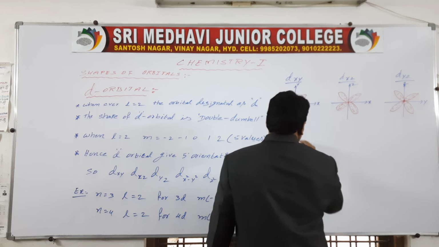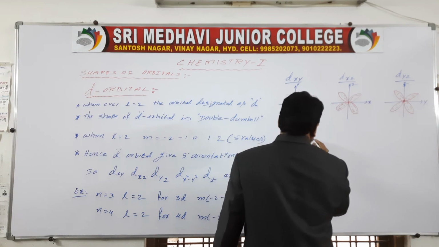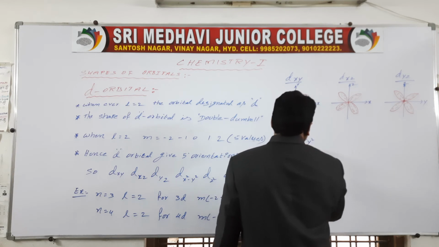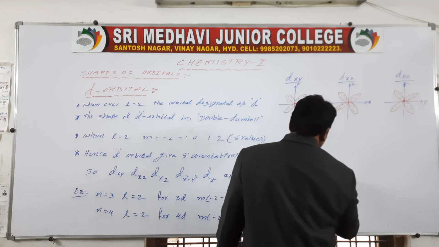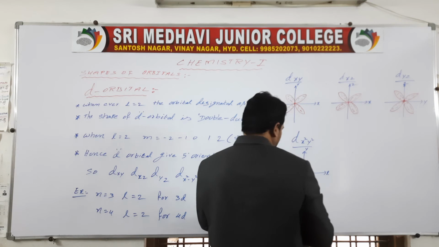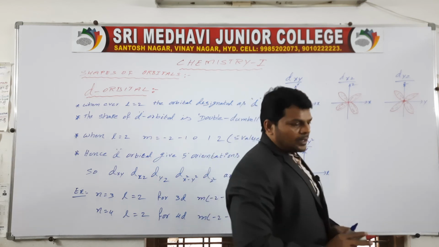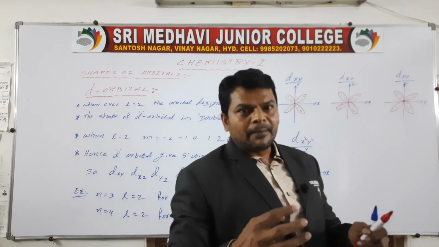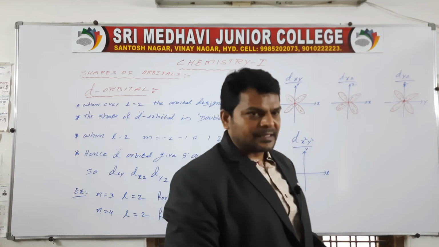Next, dx square minus y square. Here I am taking the x axis and y axis. Now it forms 4 lobes, but the lobes are on the axis.